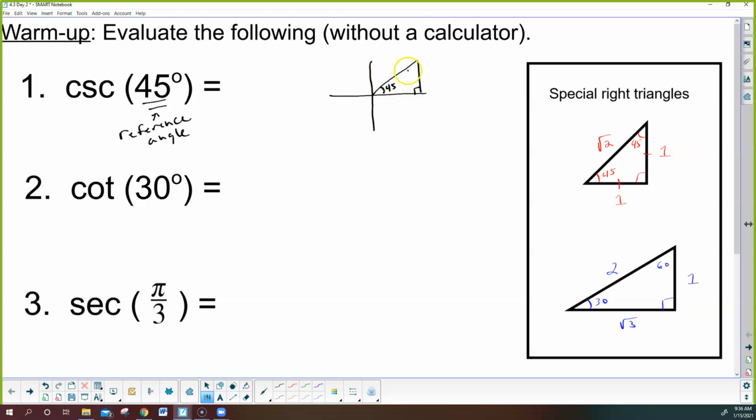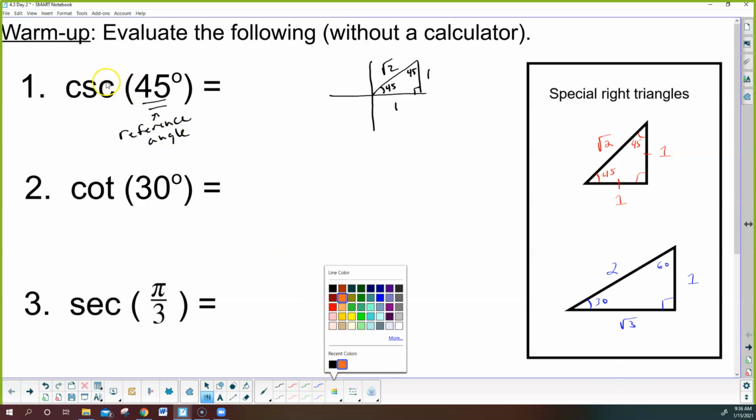So if I look at this, then this has to be a 45, 45, 90 triangle. So I can take the values from the special right triangle and place them around each spot. So I would have the side length of 1, 1, and square root 2. So once we have that set up, we are hoping that you understand, okay, let's see.